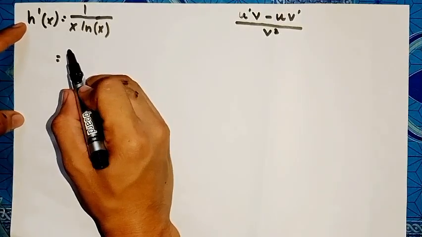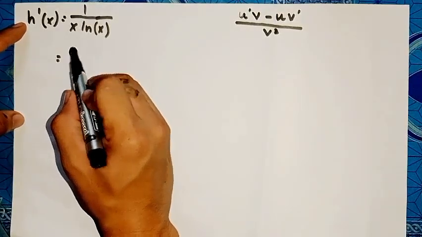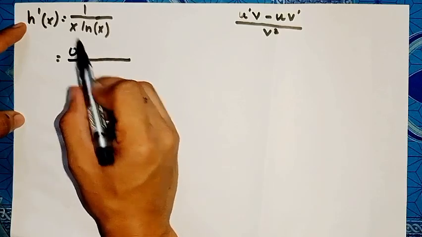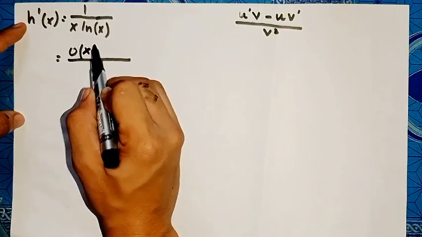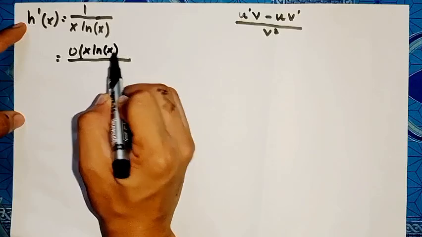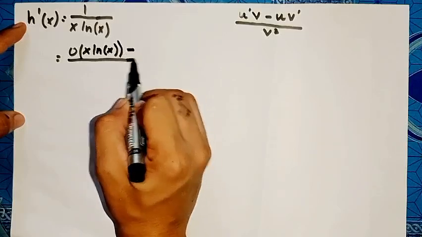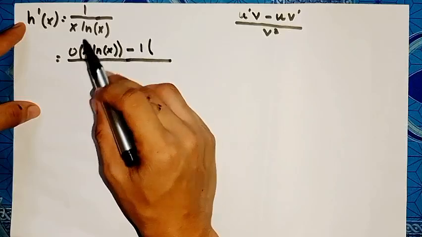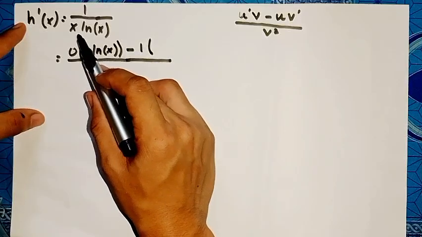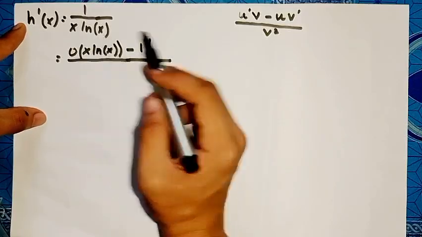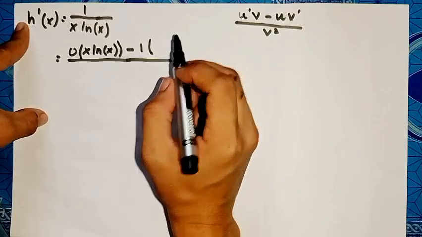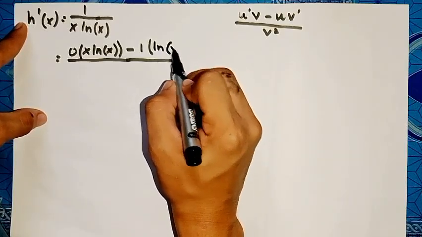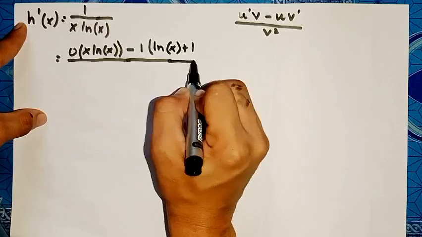For u prime, the derivative of 1 is 0, times copy the v, which is x ln x, minus our u, which is 1, times v prime, the derivative of x ln x, which is ln x plus 1.